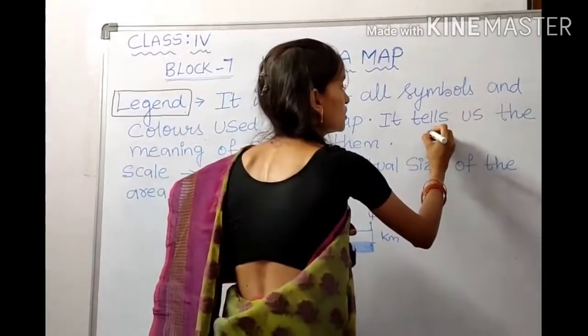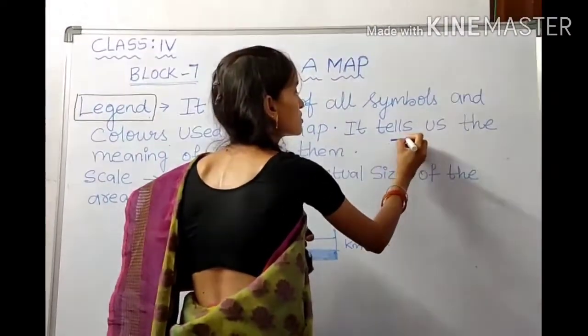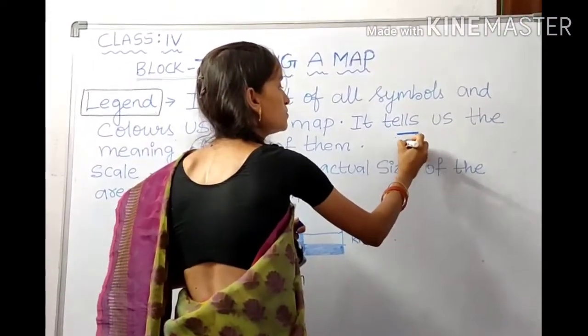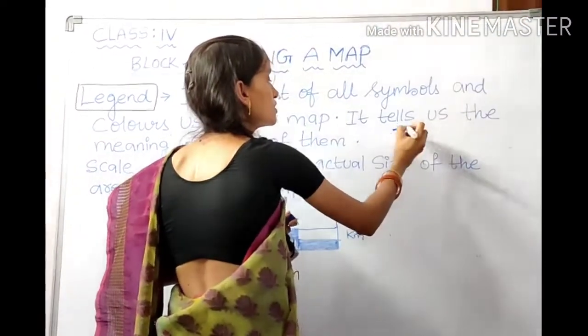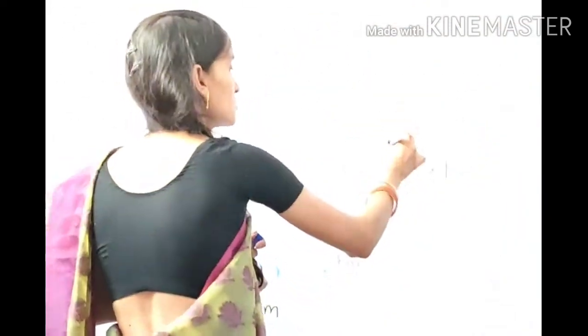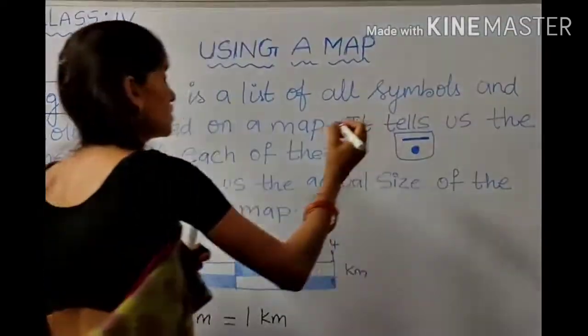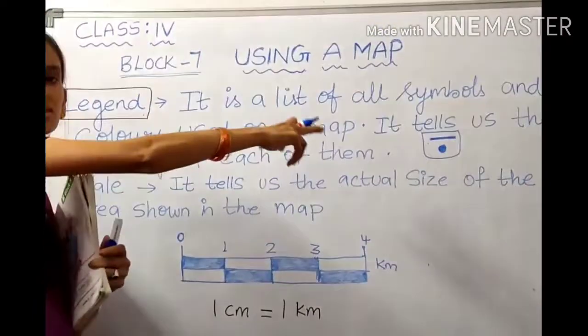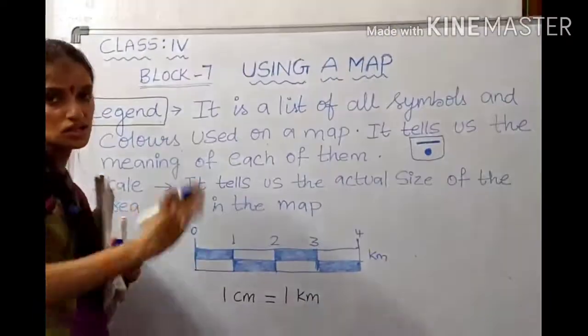For state boundary, they have given the symbol like this. And for capitals, they have used this symbol. So all these are all included in legend. In this legend box, you will see these symbols and colors.